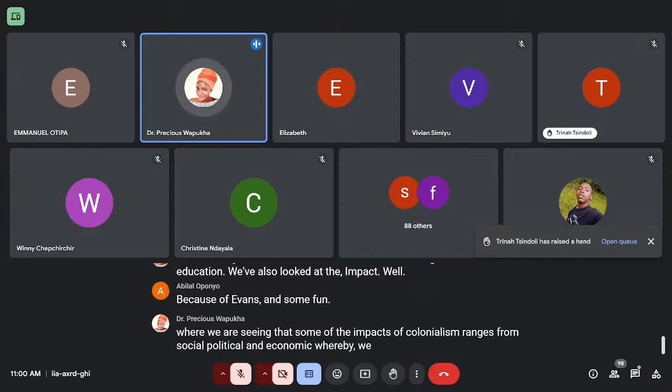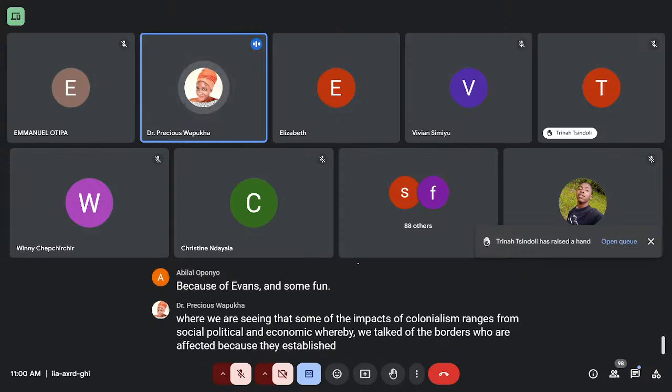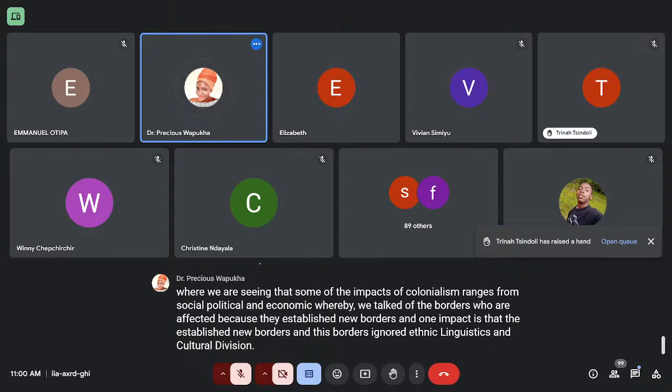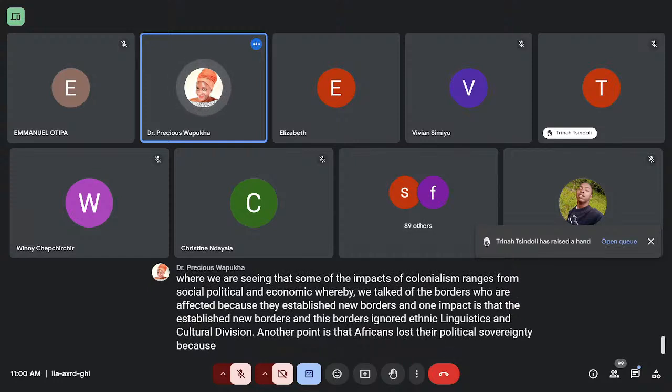We talked of the borders being affected because they established new borders, and these borders ignored ethnic, linguistic, and cultural division. Another point is that Africans lost their political sovereignty because of colonialism.